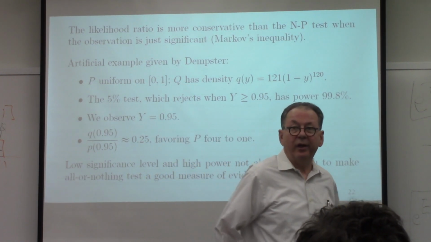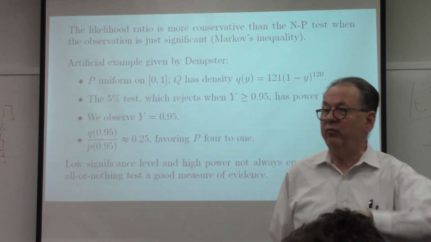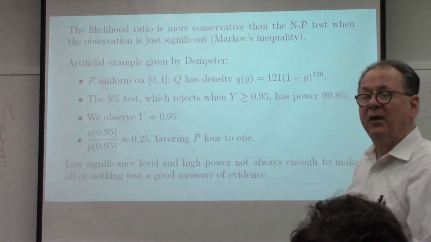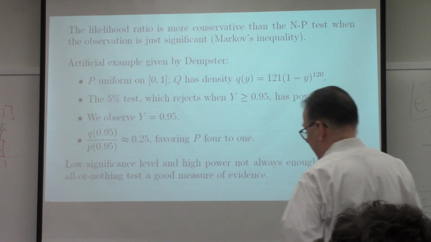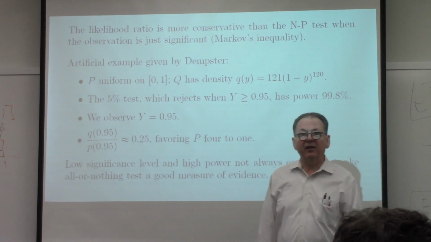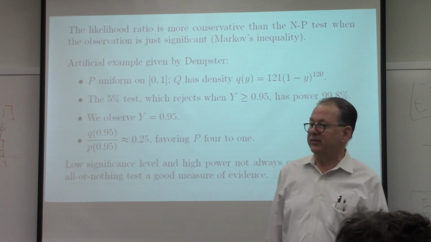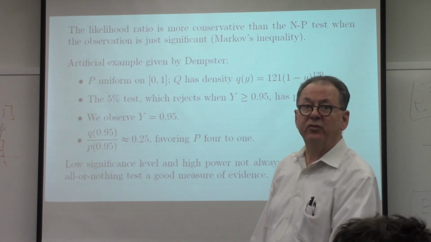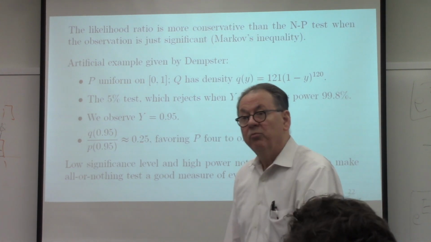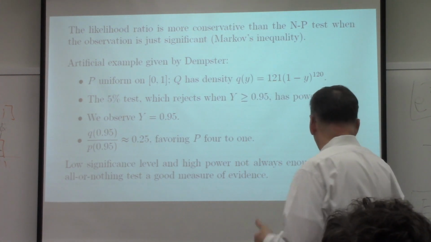So you've rejected with an extremely powerful test, as high a power as anybody could ever ask for. But the likelihood ratio test, this betting test that I'm recommending, says this test has very high power, but it has a very low implied target.